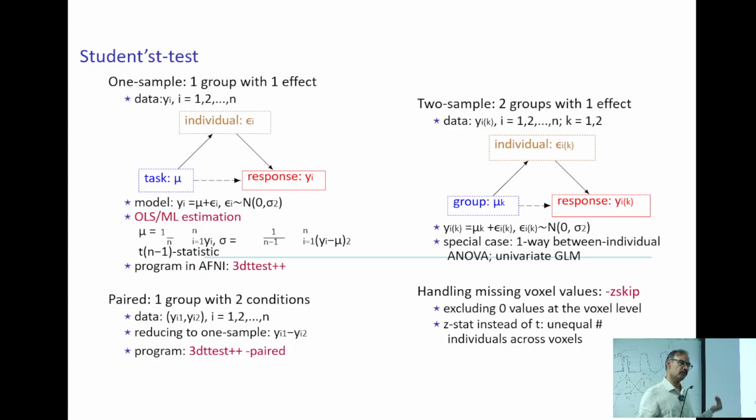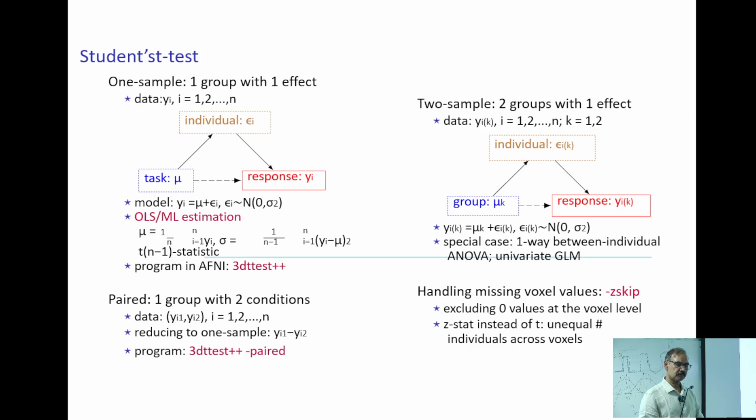As I had shown you before, there is baseline, then intact object, and then scrambled object. So something like that would be a paired t-test. I can ask the question, which region is activated between scrambled object versus intact object.